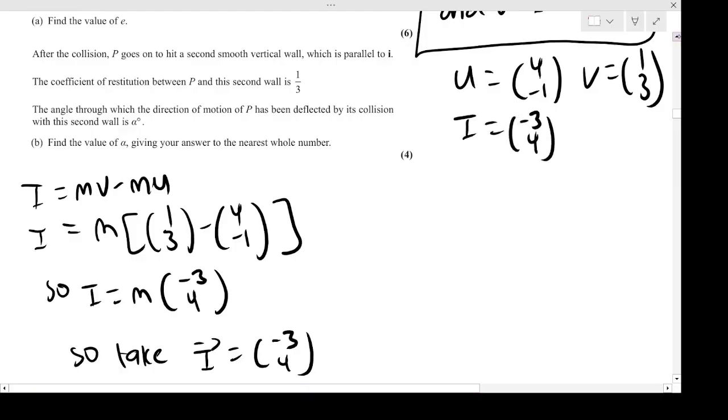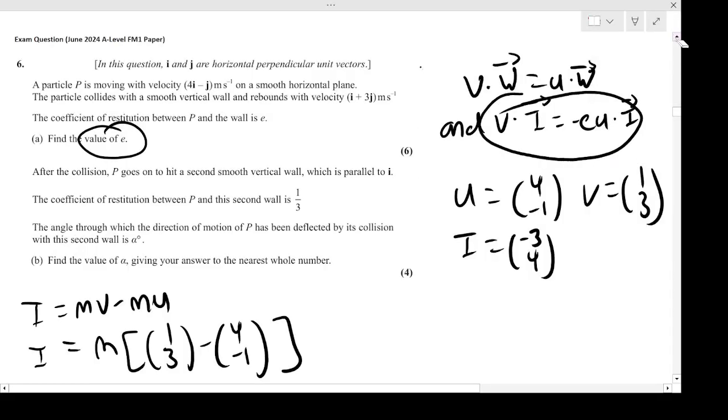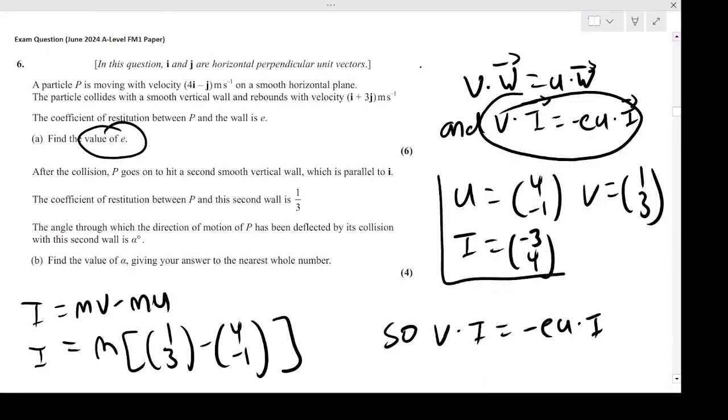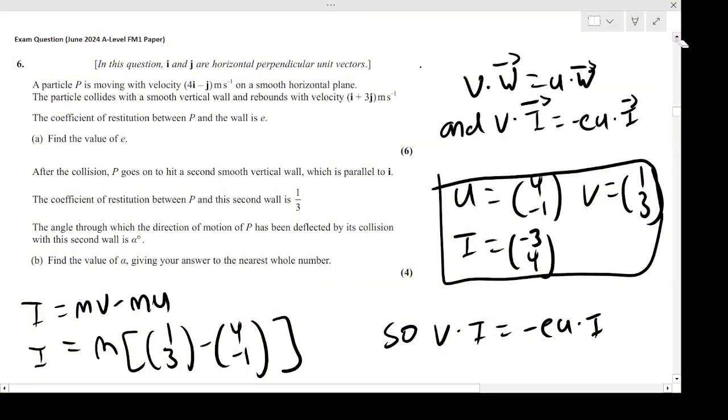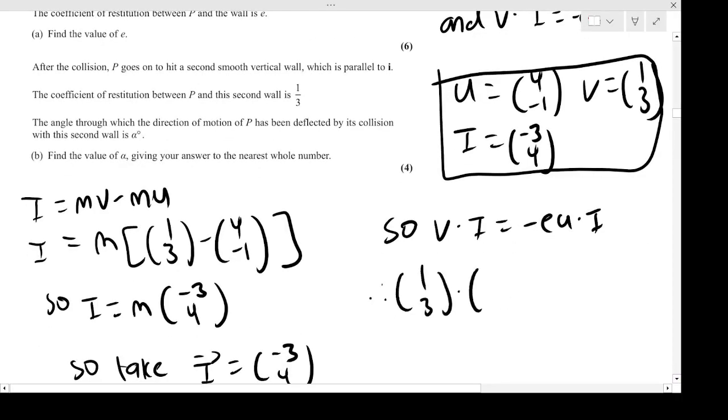Now I could work out w. Maybe I might need to in a moment, but for now I have enough information to work out e, because I can use the second formula there. So v dot I is going to be minus e u dot I. So if I sub in these three vectors I've got here into the equation, v dot I is going to be (1, 3) dotted with (-3, 4).